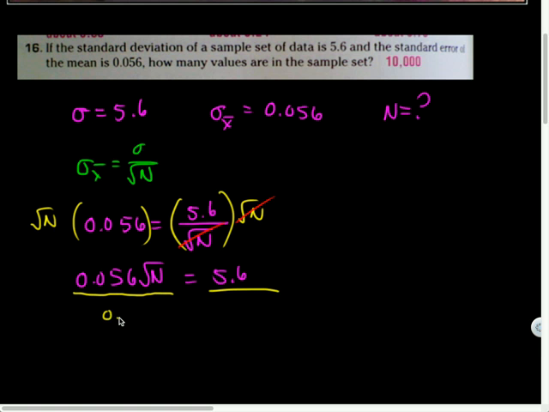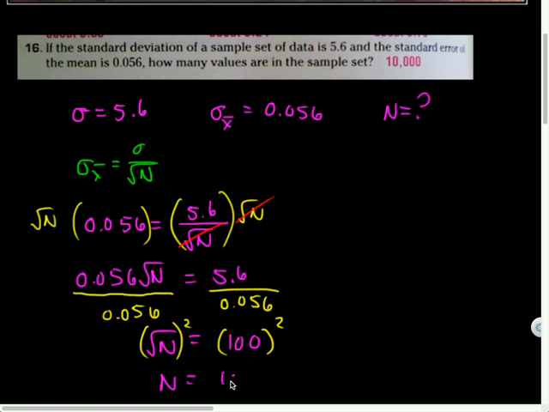Divide by 0.056, and I would get the square root of n is equal to 100, I believe, if I'm not mistaken. So to solve for n, what would I do? Square both sides. So n is equal to 10,000.